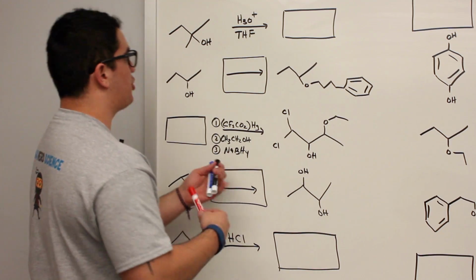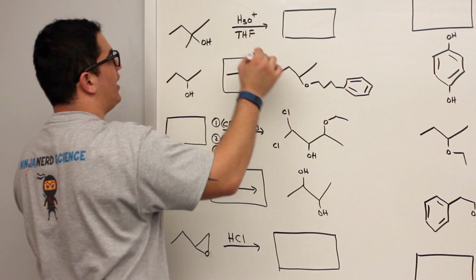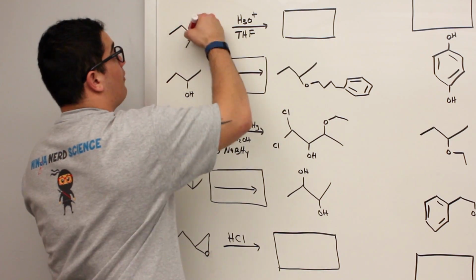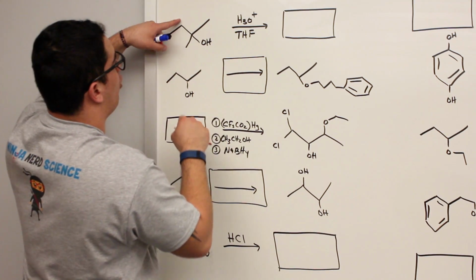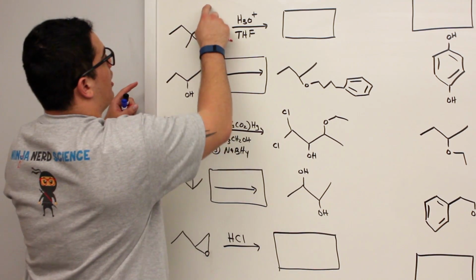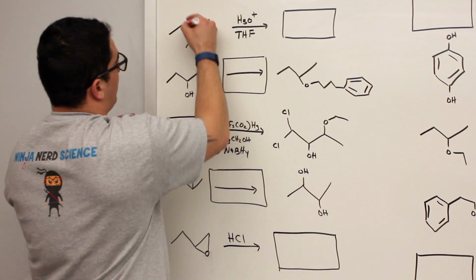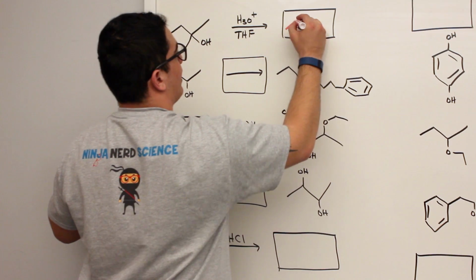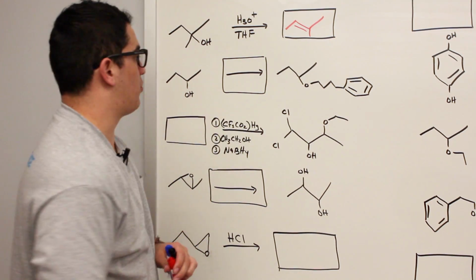Elimination reactions will remove this whole OH group as water and form a double bond. But where will the double bond form? Will it form there, or between here? Remember, you'd have 3 hydrogens over here, 2 hydrogens over here. We want to follow Zaitsev's rule, so we want it to take from there, and we're going to get this structure. So that would be the answer for this one.